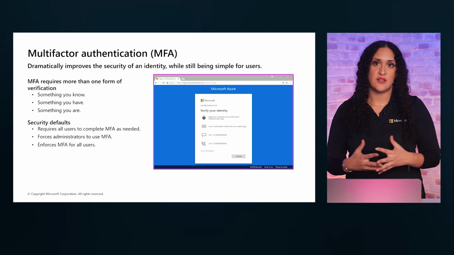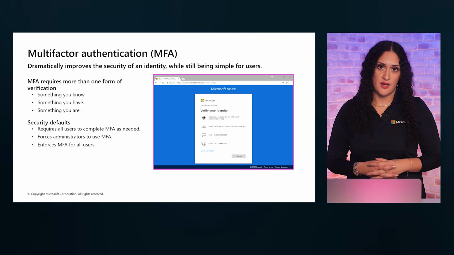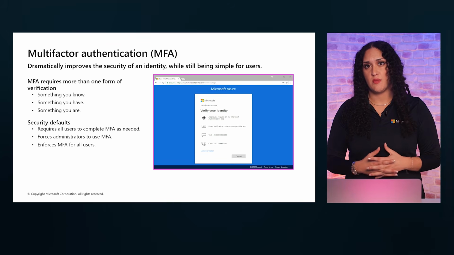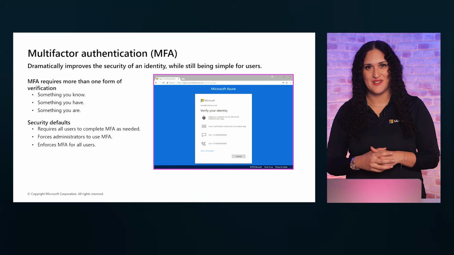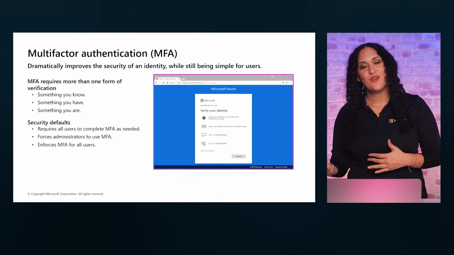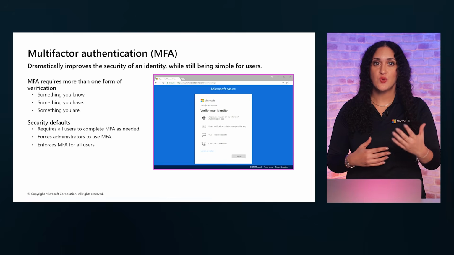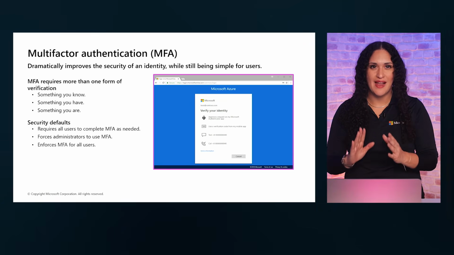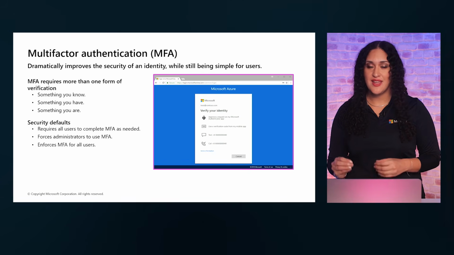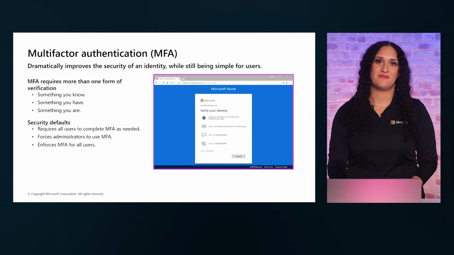MFA significantly reduces the risk of account compromise. It protects identities from common attacks and still keeps the user experience relatively simple. By combining MFA with modern authentication methods like passwordless sign-in, Microsoft Entra helps organizations strike the right balance between strong security and everyday usability.